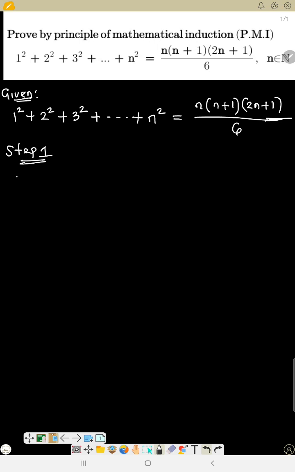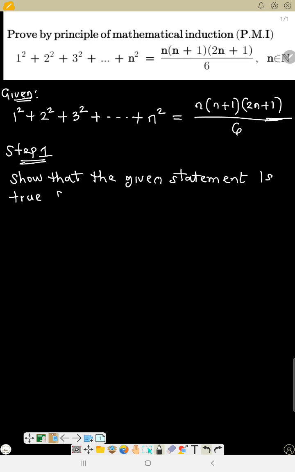show that the given statement is true for n is equal to 1.